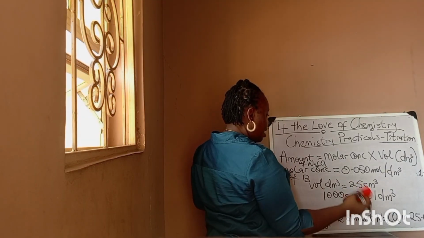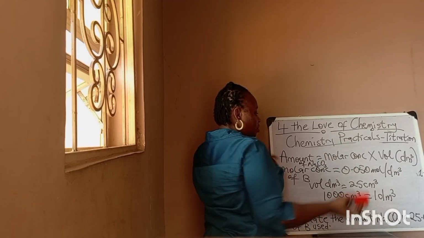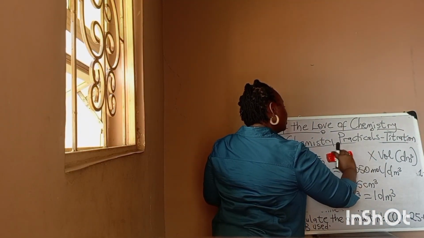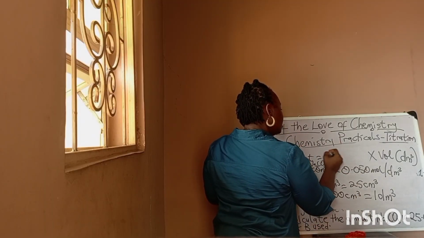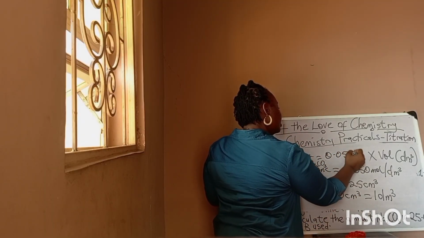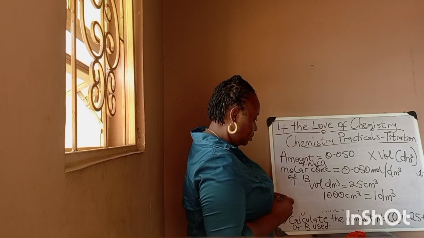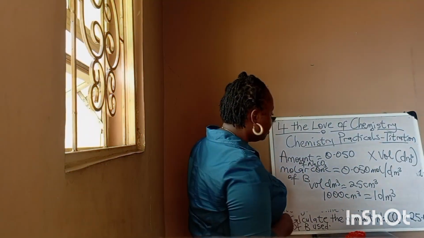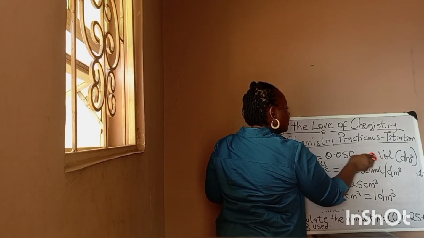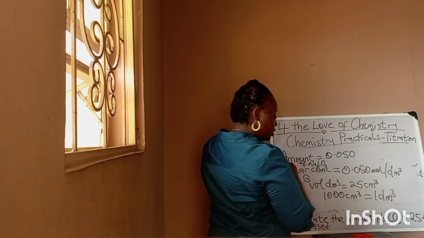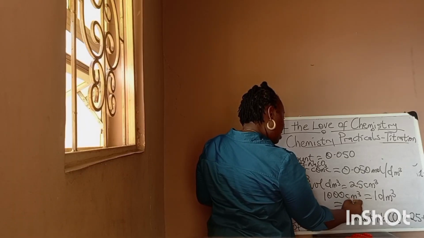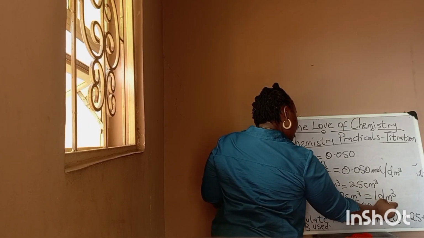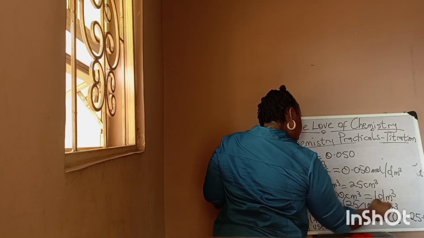So in our calculation now, our molar concentration is 0.050. Our volume, since we are going to change 25 to dm cube, is 25 over 1000 dm cubed.